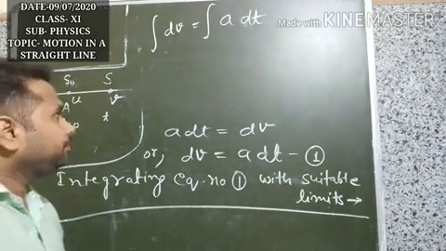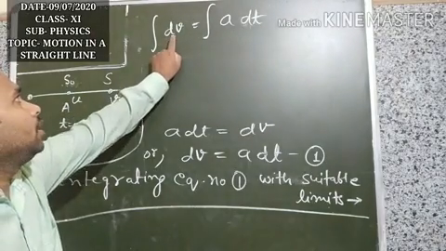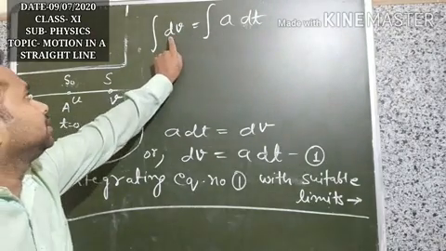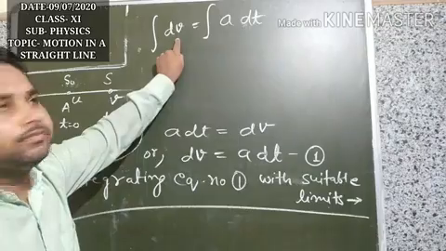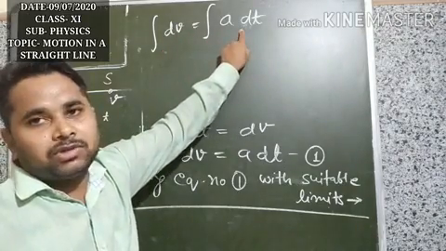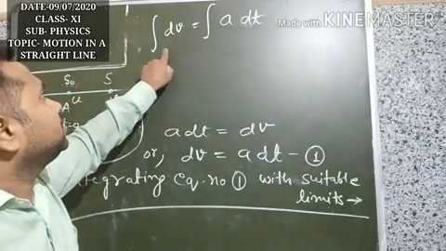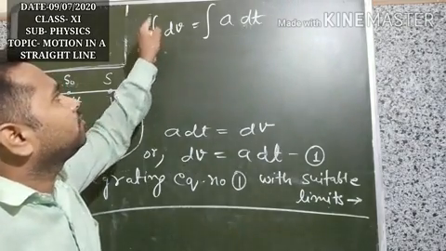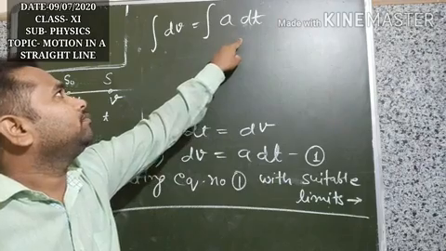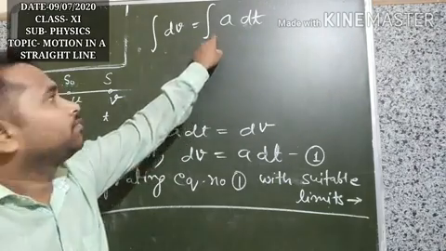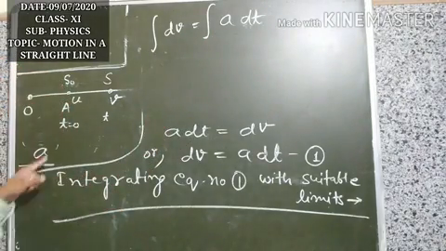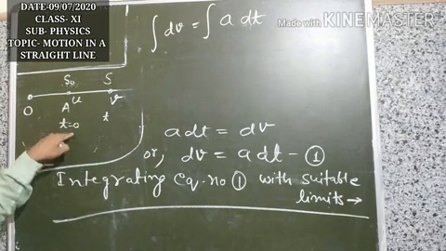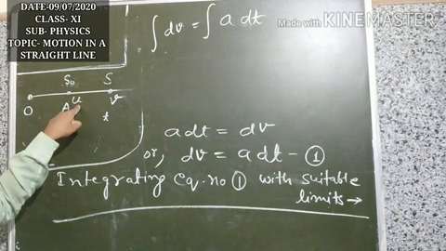Now what are the suitable limits? See here, try to understand. This is the velocity term, and on this side the time term. So we should apply the limits of velocity on the left side and the limits of time on the right side. See here, when time is 0, initial velocity is u.